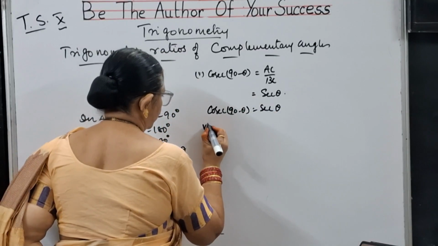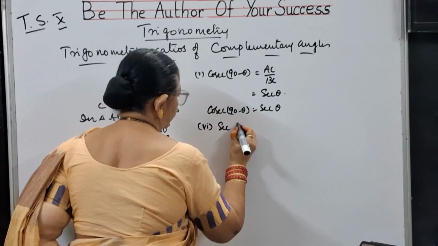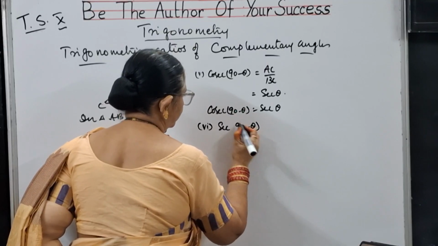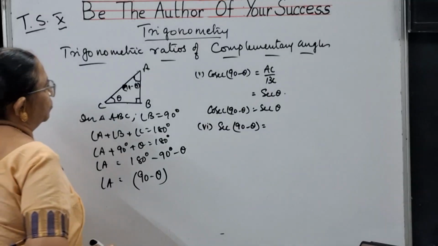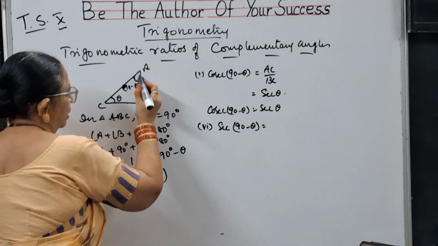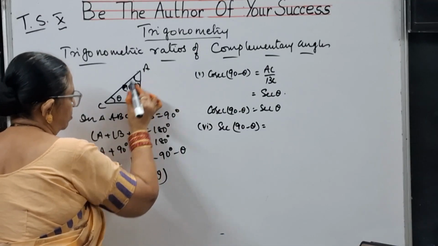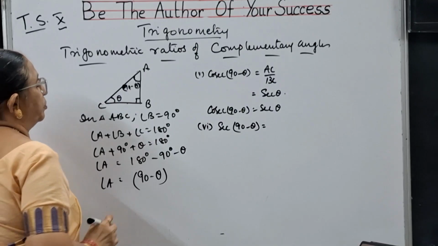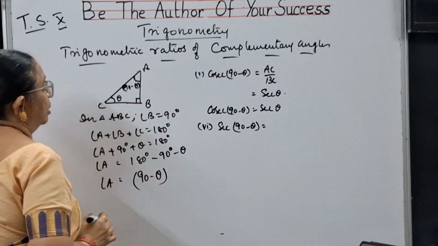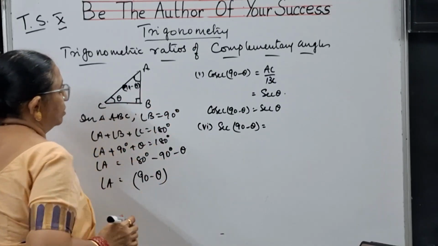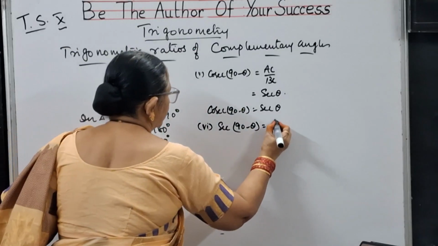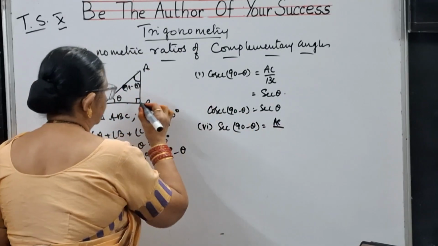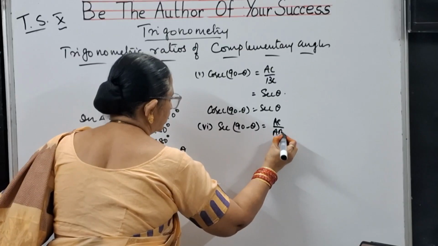Now go for secant 90 minus theta. Secant theta means what? Reciprocal of cos theta. So cos theta is adjacent side by hypotenuse. Its reciprocal is hypotenuse by adjacent side. So secant 90 minus theta is AC by adjacent side AB.